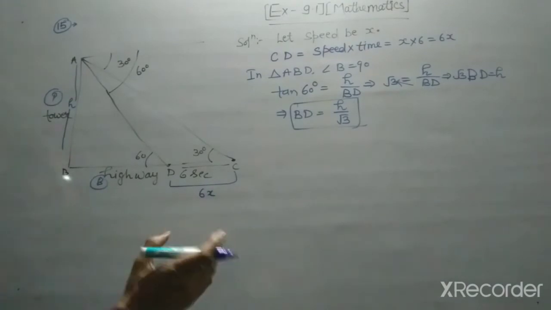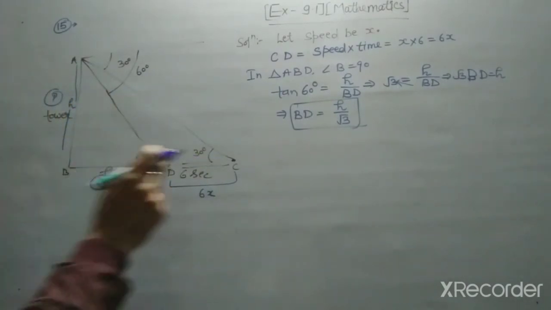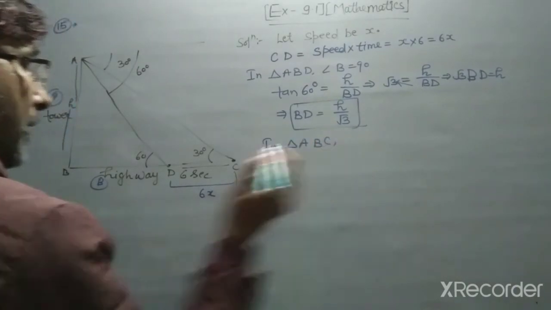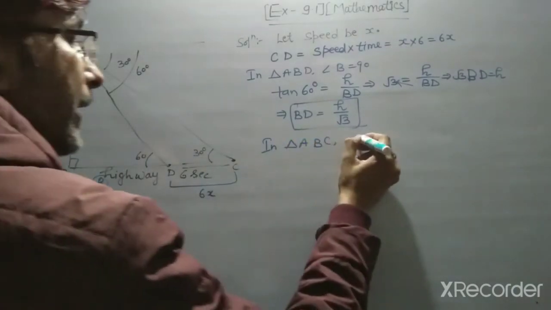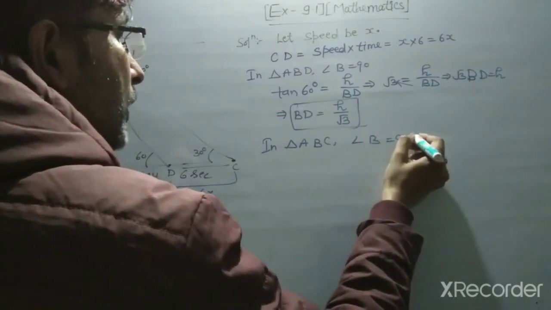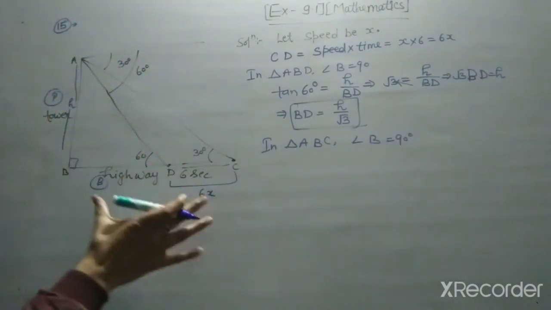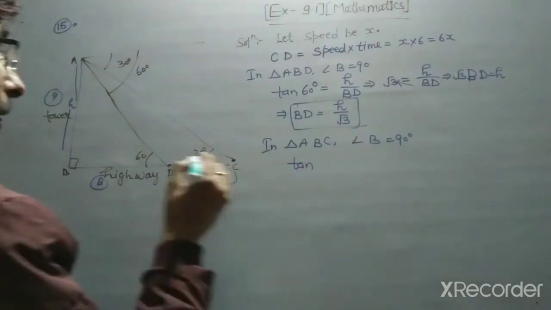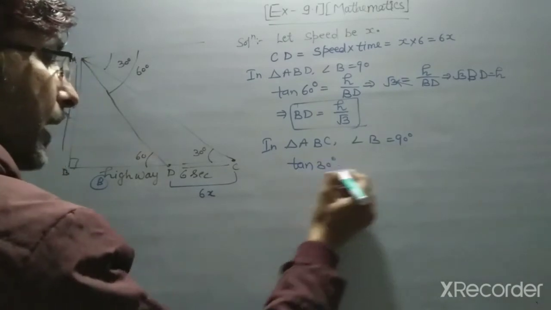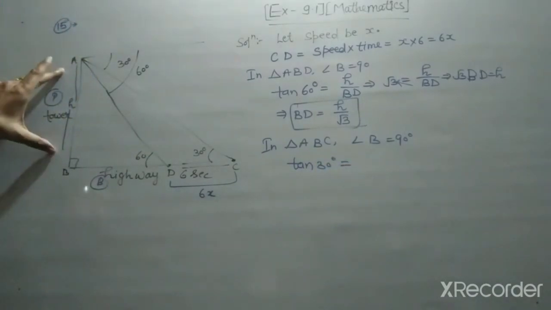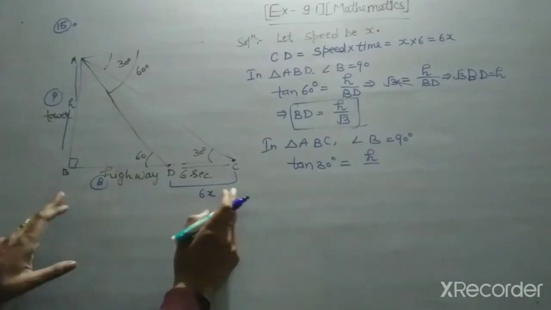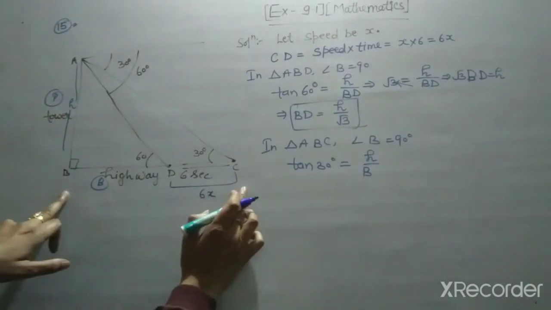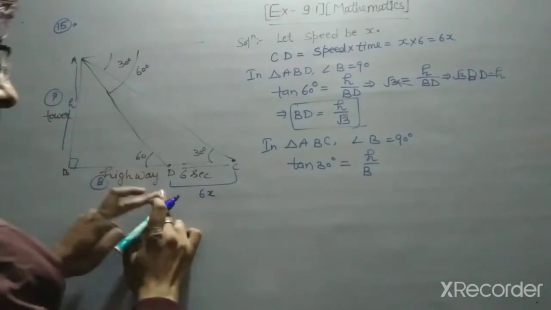Then you have to use this triangle ABC. In triangle ABC, angle B is equal to 90. You very well know angle B is equal to 90, and this is the perpendicular, and this whole thing is the base. So you have to use tan. Theta is 30. So tan 30 is equal to perpendicular upon base. The perpendicular value is h, and the base is BC, which we write as BD plus CD.